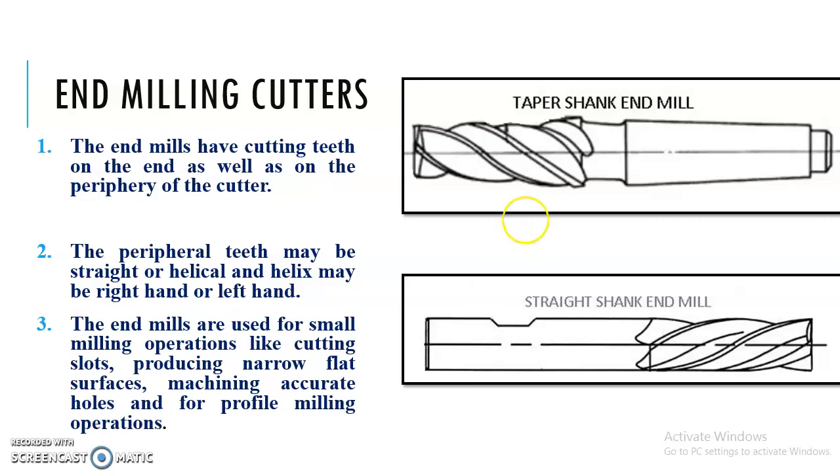The cutting edges are along the length on its periphery. That may be a straight shank or a taper shank, useful for milling slots or holes.